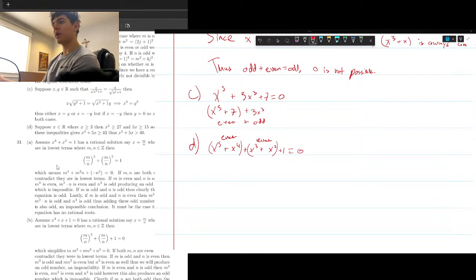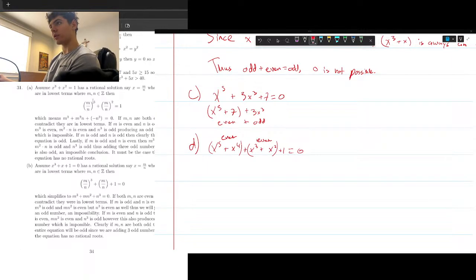So let's just go here. Let's see what they do. Yeah, so they just say the same thing. They just do it more professionally than I do, which is probably the way you should be doing it. They say x equals m over n because it's a rational number, which means m cubed plus m squared n plus n cubed is 0.